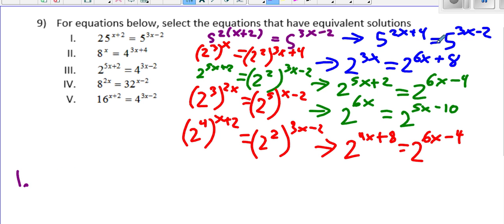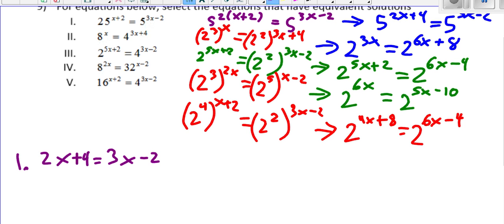From number 1, you get 2x plus 4 equals 3x minus 2. Get your x's together and solve it out. So subtract your 2x over, add your 2 to the other side, you get 6 equals x.